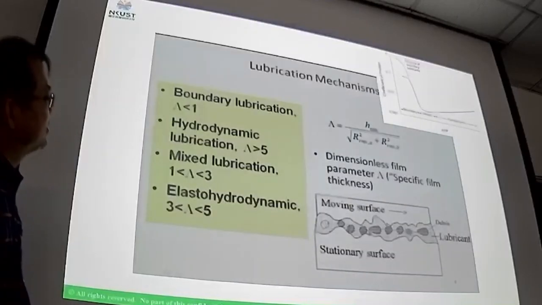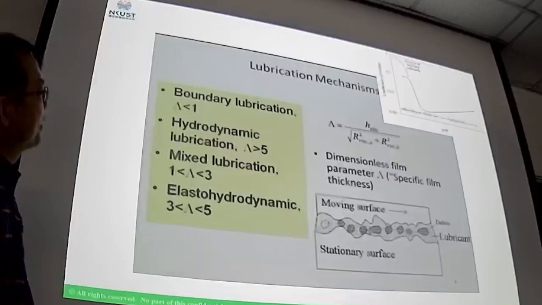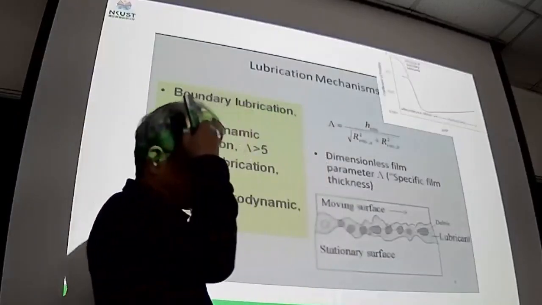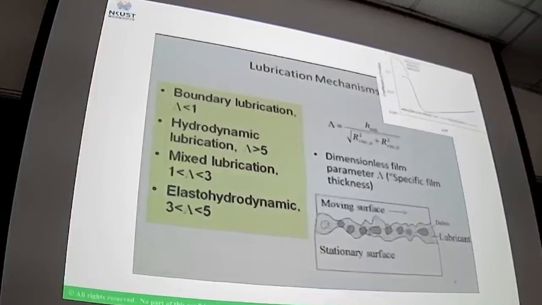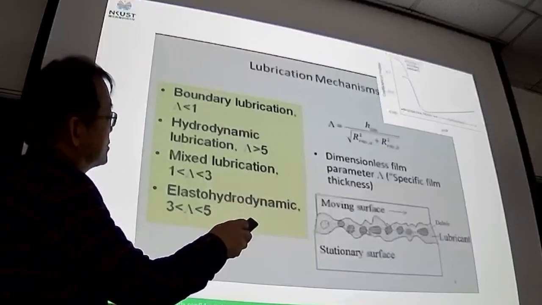Okay. So from this, I think it's the sliding speed divided by the contacting pressure on the horizontal axis. The vertical axis is the coefficient of friction.